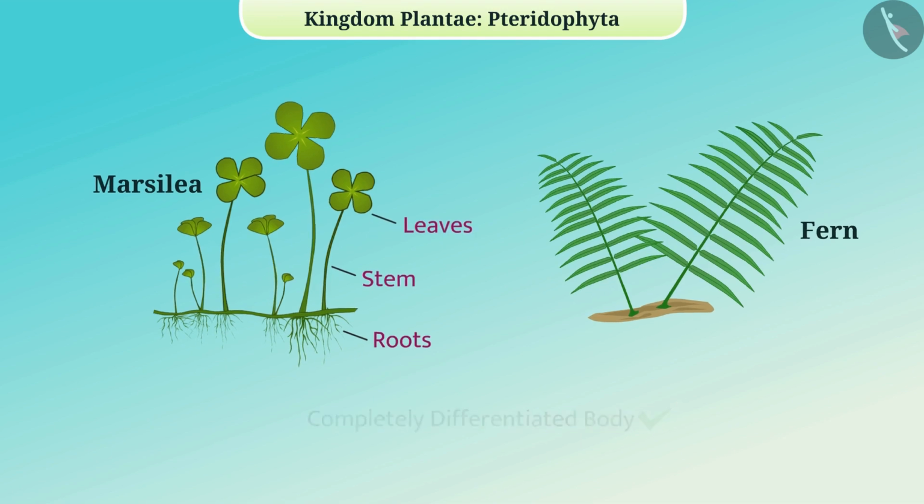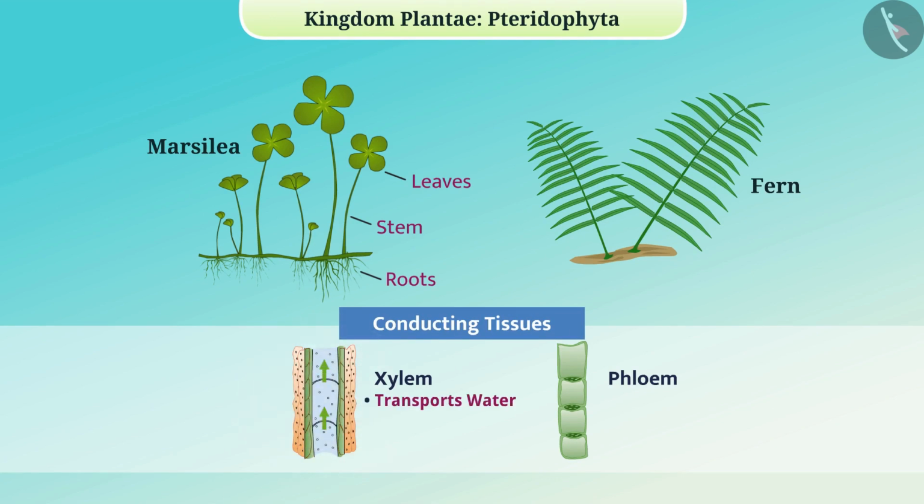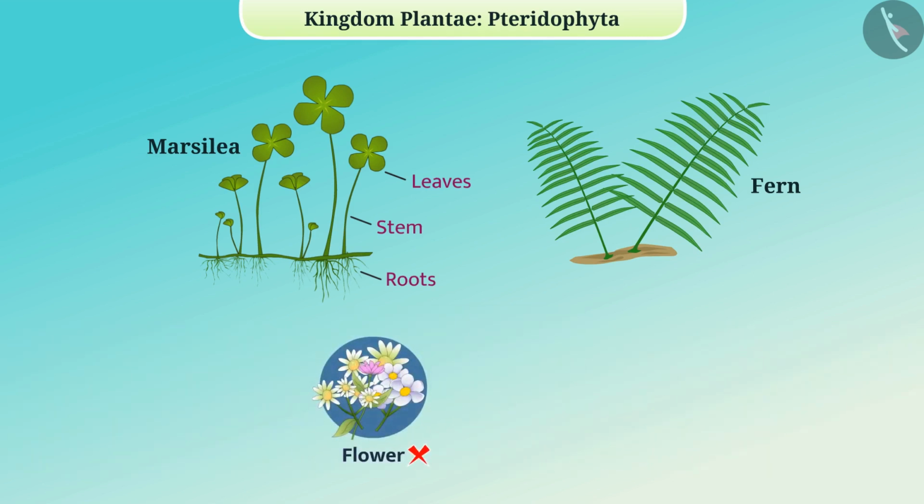They have specific tissues for the transport of water and other necessary substances from one part of the body to another. We call such tissues conducting tissues. Of them, xylem tissue transports water, while phloem tissue transports food and other substances from one part of the plant to another. They neither have flowers nor they bear seeds.